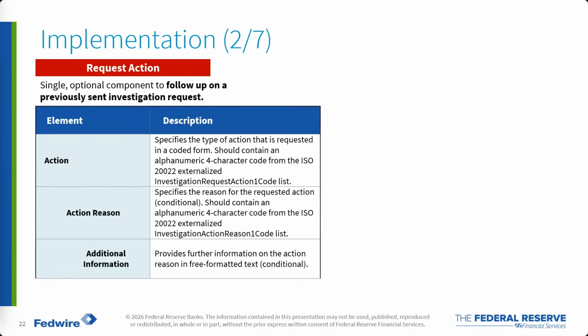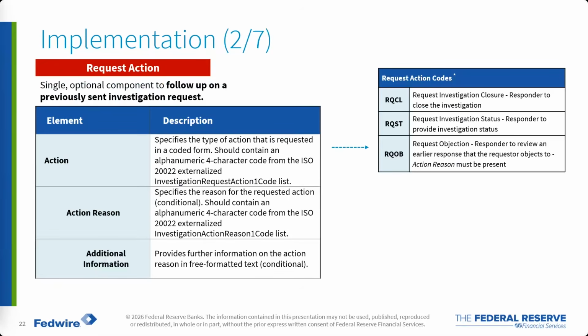Now, the one component required is use of the action element, which is where you will specify what is requested in a coded form. And you see the codes there on the right side of the slide. You can ask for the investigation to be closed. You can ask for an investigation status, and you can send that you object to the previously received response and provide a reason why you are objecting.